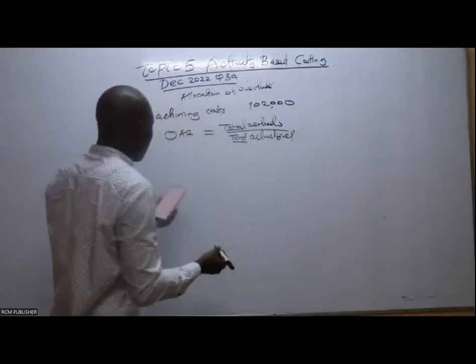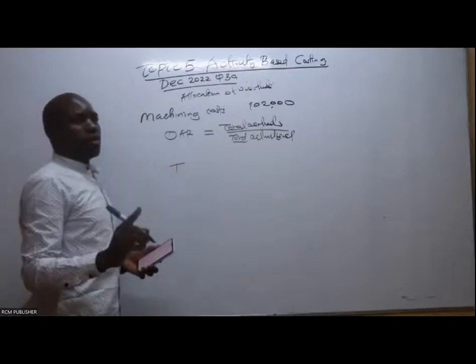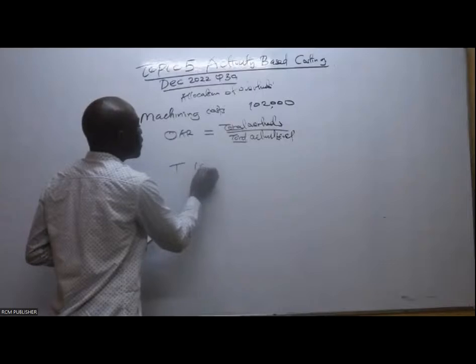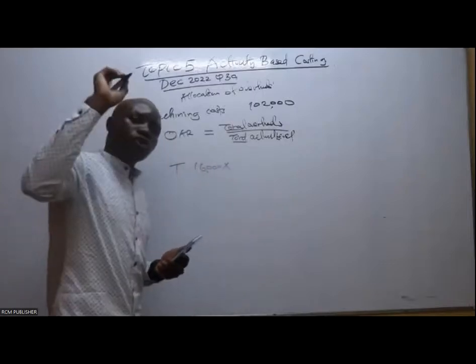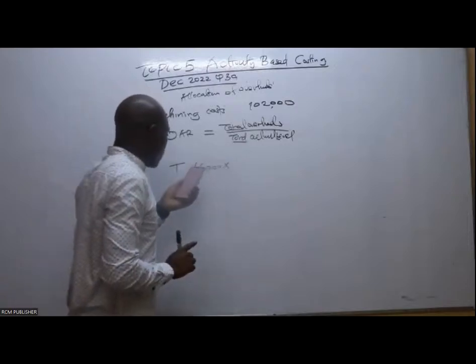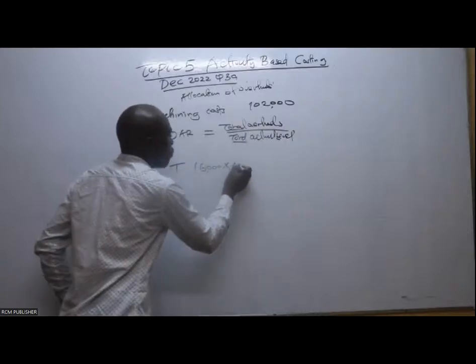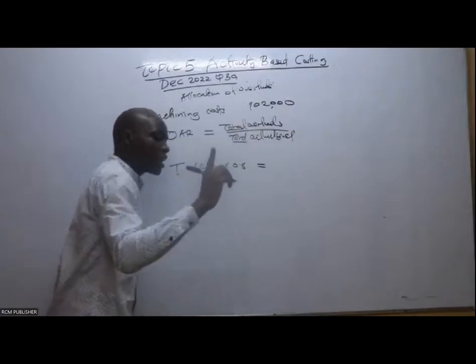Let's go to the first product, T. How many units of T were they able to produce and sell? 12,000. Machine hours required to produce 1 unit of product T, we are told, is 0.5. So what is the total hours taken to produce product T?